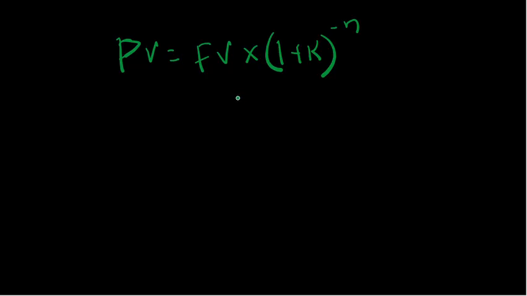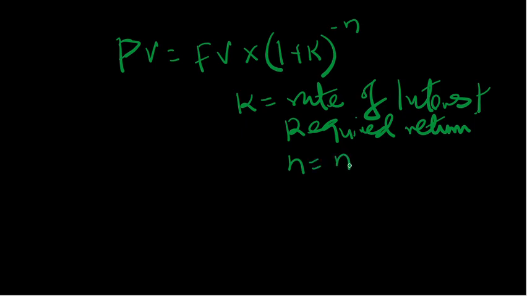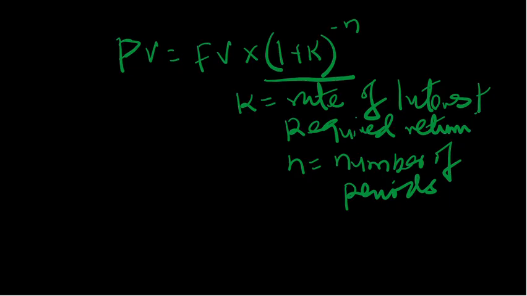Of course, consistently we are saying k is the rate of interest, or we sometimes call it the required return. And of course, n is the number of periods, or years in this case. And this value that we are calculating here, we normally call it the present value interest factor.